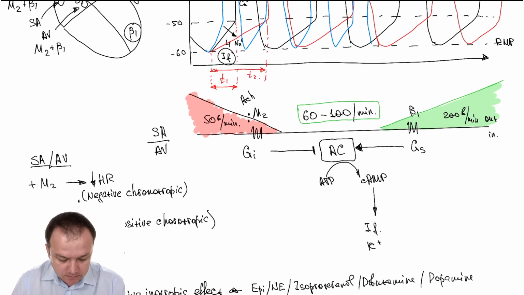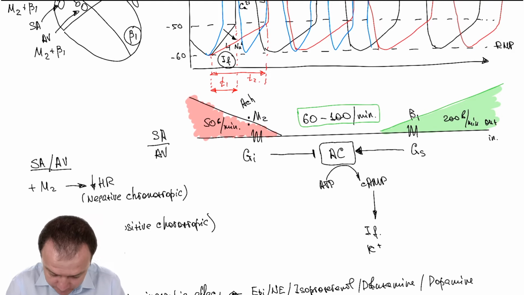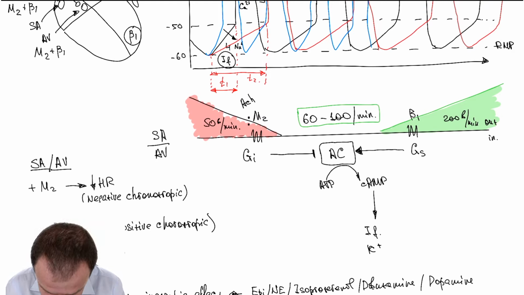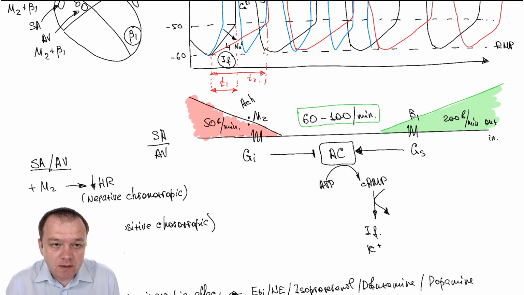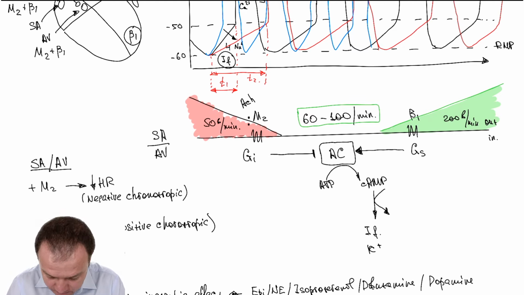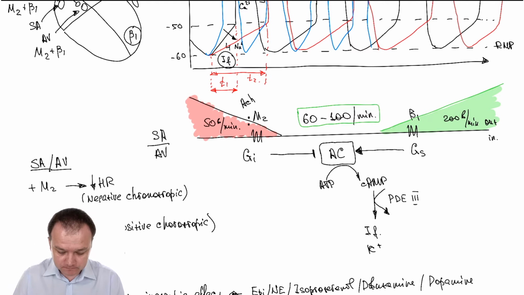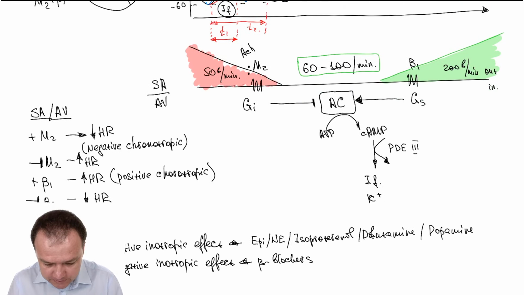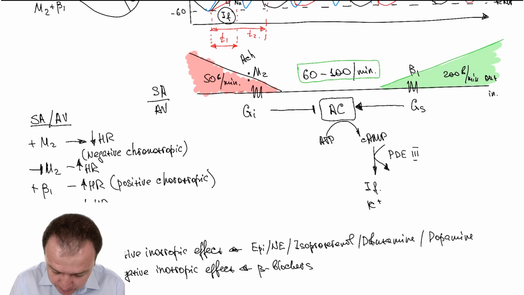Let's come back a little bit and have a look at this cAMP. In cardiac myocytes, we have a specific enzyme that degrades cyclic adenosine monophosphate, called phosphodiesterase, and in cardiomyocytes we have phosphodiesterase type 3. Why am I talking about that?